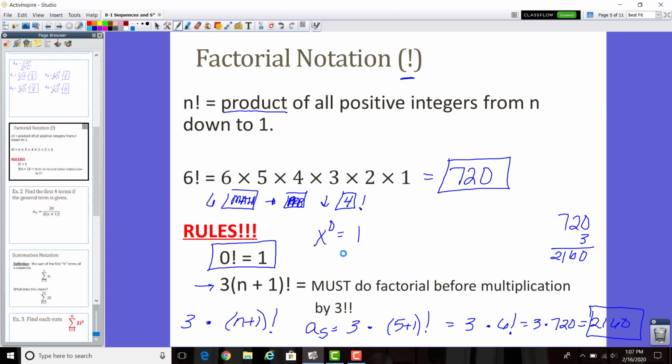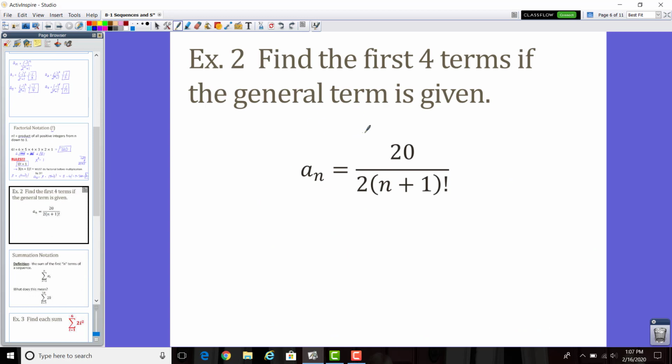Okay. If you're looking at your lecture note guide here, you don't have this 2 here. Please make sure you put it there so you can follow your example when you're working on your homework. Again, we want the first 4 terms.